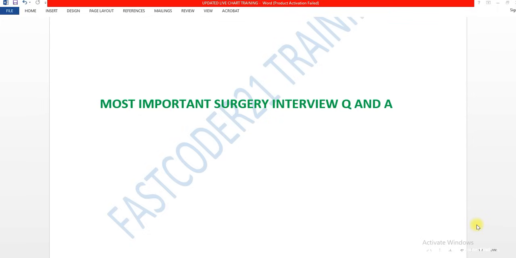What is IVR? IVR is interventional radiology. How many types of IVR do we have? We have two types: vascular and non-vascular.